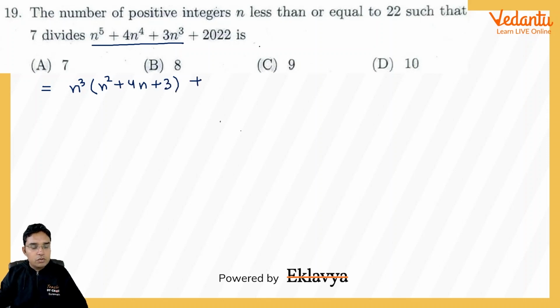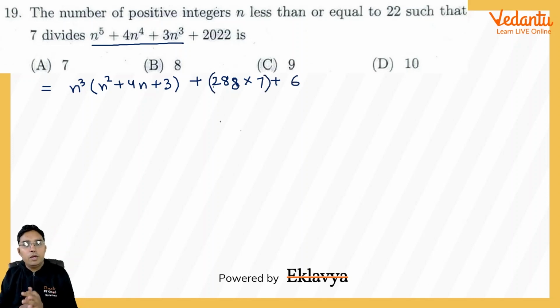Whereas this 2022 is, if I divide by 7, it is 7 2s are 14, so 6, and 7 8s are 56, so into 7, and plus I think we are left with 6 here. Okay, you can check it once again.